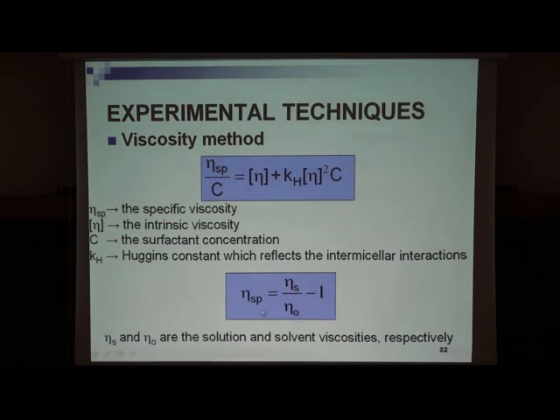We can calculate specific viscosity, and if we plot this value versus this value, we can obtain the intermicelle interaction parameter. It is called the Huggins constant. This is the intrinsic viscosity. It can be obtained from the intercept of this curve.